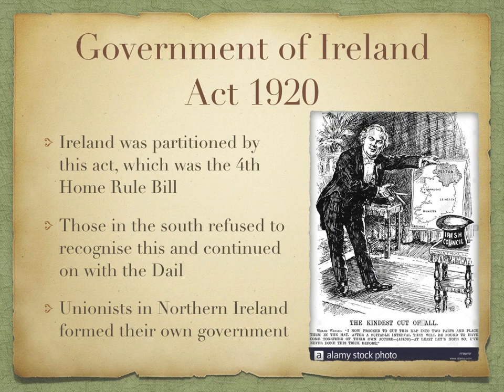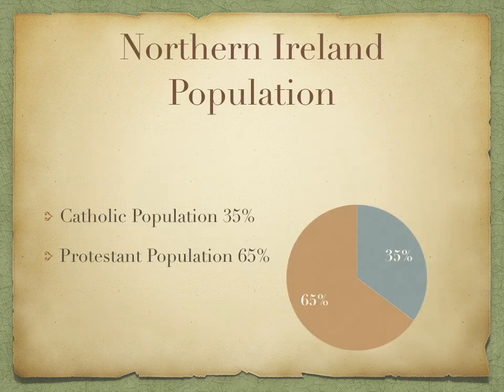Those in the south refused to recognise the Government of Ireland Act, or the Fourth Home Rule Bill, and continued on with the Dáil, which, remember, met in 1919 under the leadership of Eamon de Valera. However, in the north, the Unionists took this opportunity to form their own government and break away from the violence of the south of Ireland.